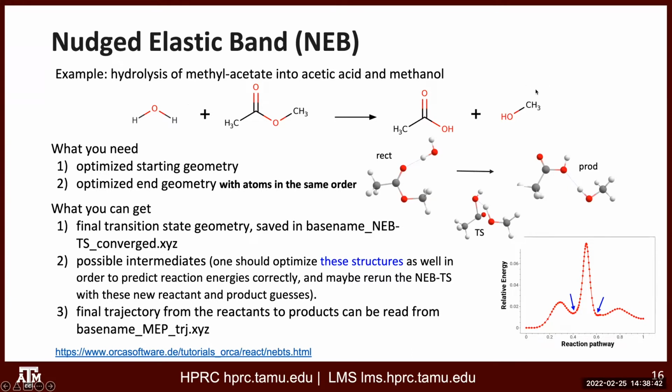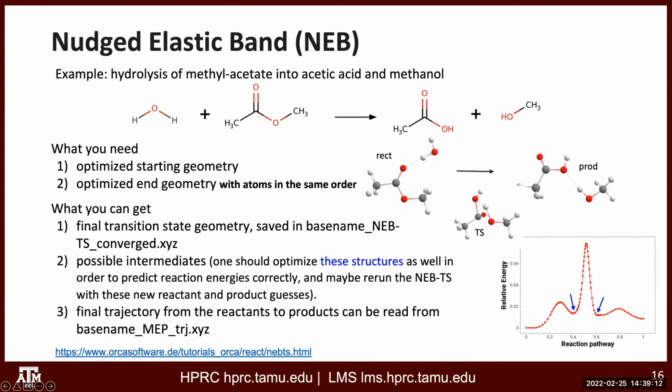Sometimes you would call these reactant and product, but they are both intermediates in more computational chemistry terms. You want to use the optimized geometry for both the starting point and the end point.